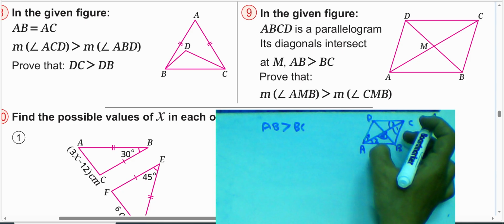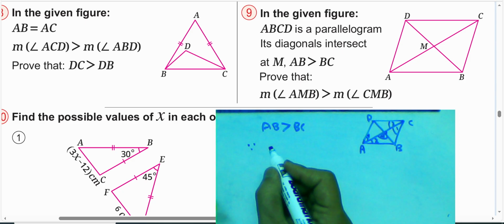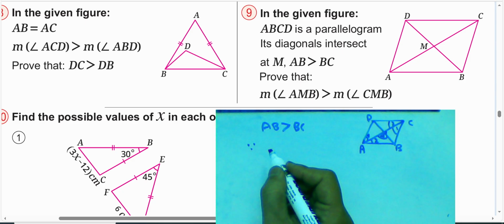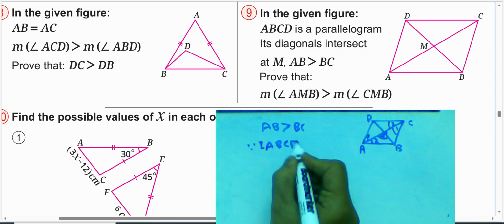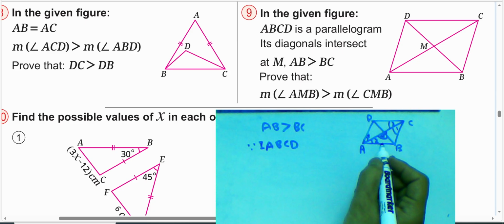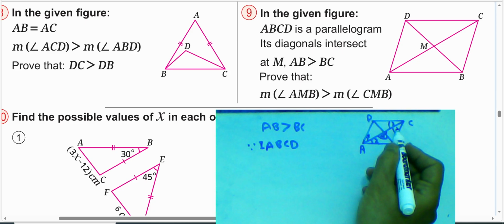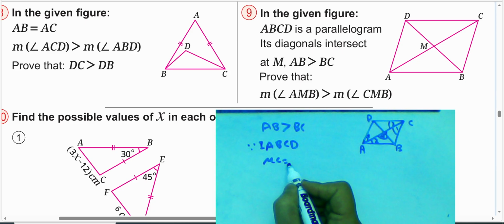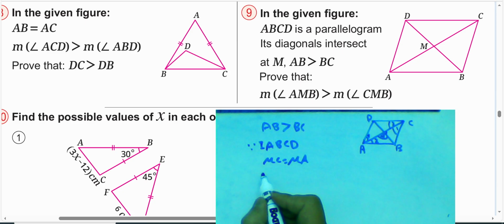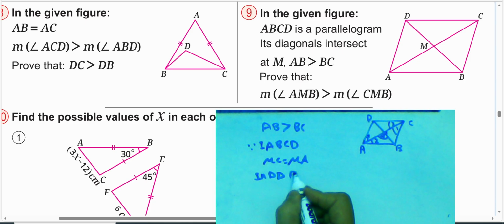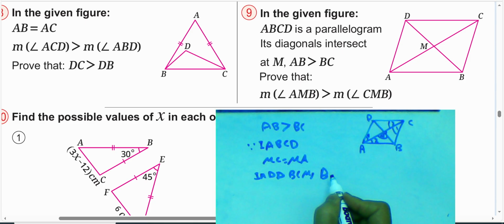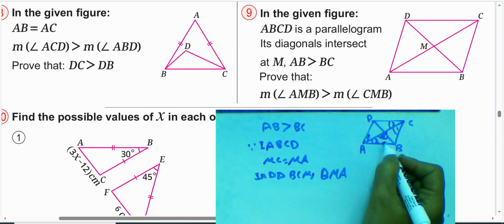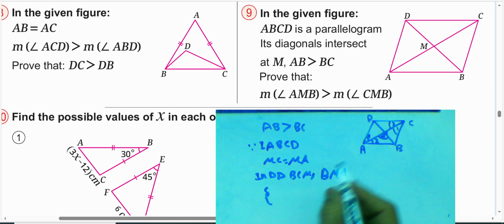Okay, we can find the relation about two triangles such that in parallelogram ABCD we have MC equal to MA. In the two triangles, BCM and the other triangle BMA, we have two sides equivalent here.